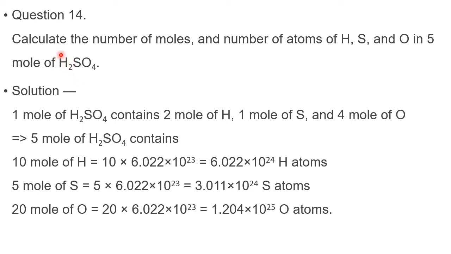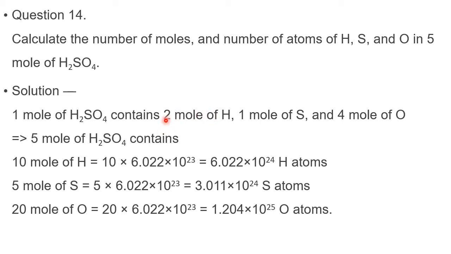See the formula: sulfur 1, oxygen 4, hydrogen 2. That means 1 mole of H2SO4 contains 2 mole of hydrogen, 1 mole of sulfur and 4 mole of oxygen. Correct? Now for 5 mole of H2SO4, multiply everything by 5.